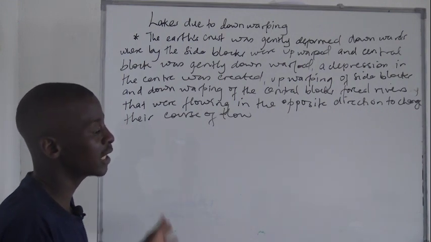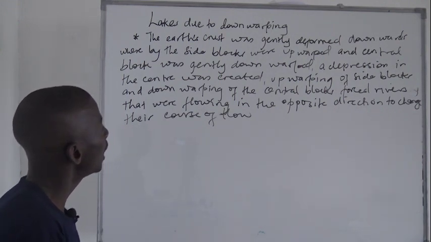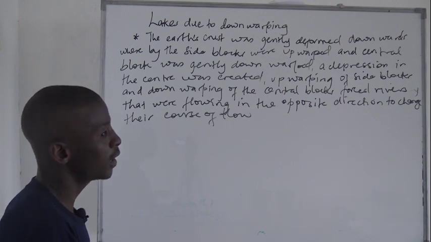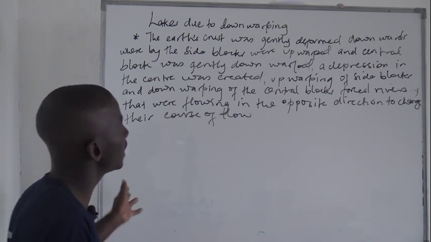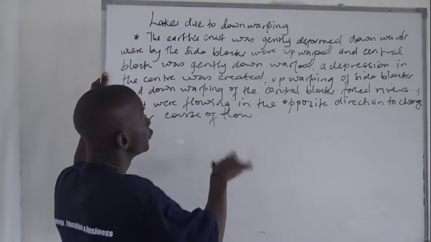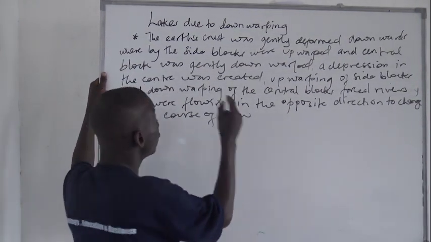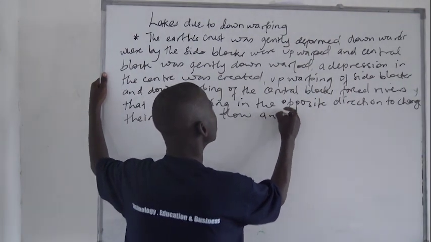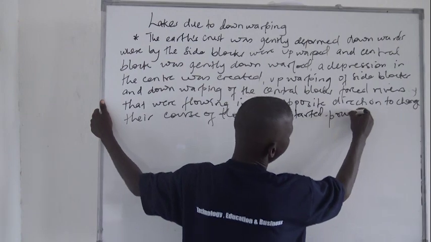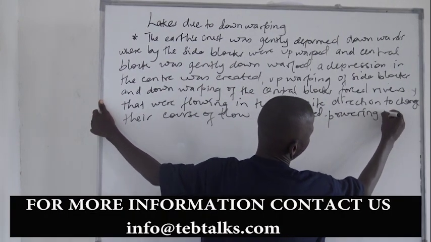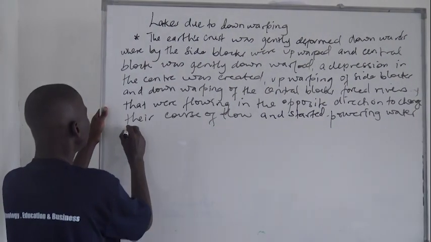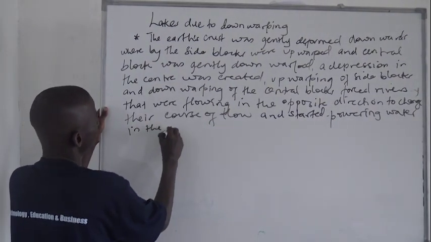Those rivers that were flowing eastwards and westwards were forced to change their course and started pouring water into the depression created.